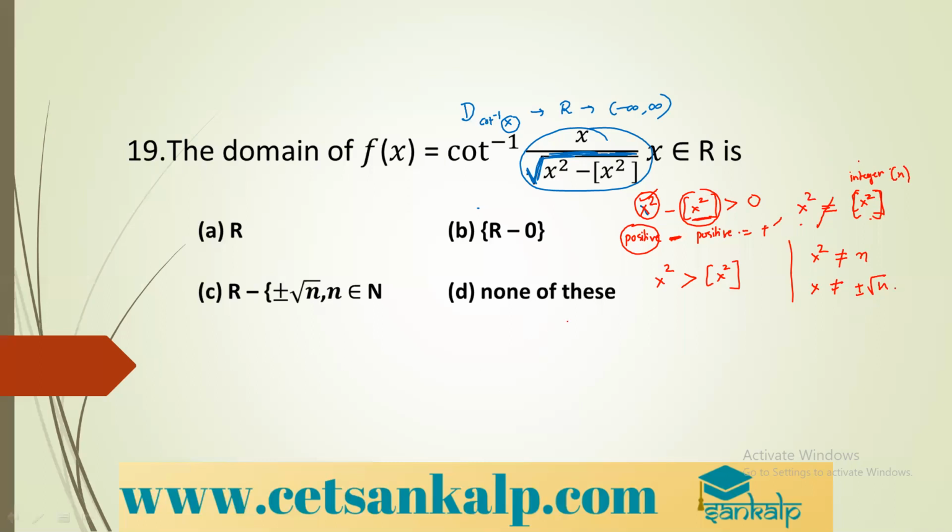So this is enough for us to decide what is happening. So you can go for option C. X can be any real number, but x cannot be, we are removing, x cannot be equal to plus or minus square root of n. This will give me the hint to select which option is correct.